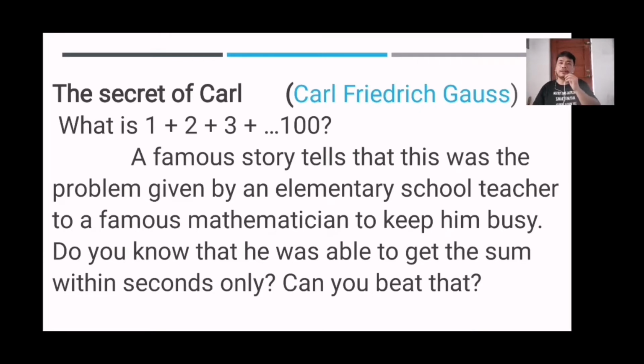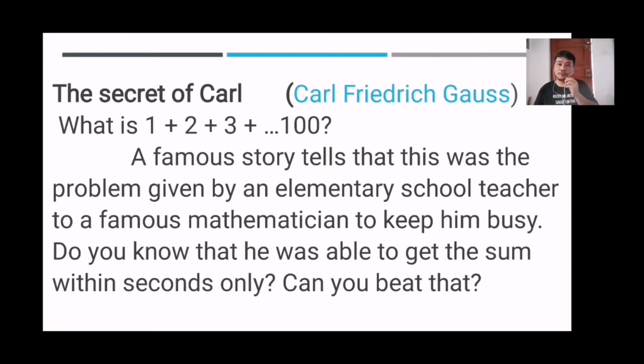Nung kabataan niya, nung elementary days niya when he was 8 years old, yung teacher niya, para daw maging busy yung klase niya, nagbigay siya ng isang question which is i-add yung numbers 1 to 100. So inaakala ni teacher na magiging busy yung mga bata. But nagulat siya noong wala pang 1 minuto, in just 4 seconds of time, nasagot na ni Carl yung kanyang tanong. Paano kaya nagawa ni Carl yun?